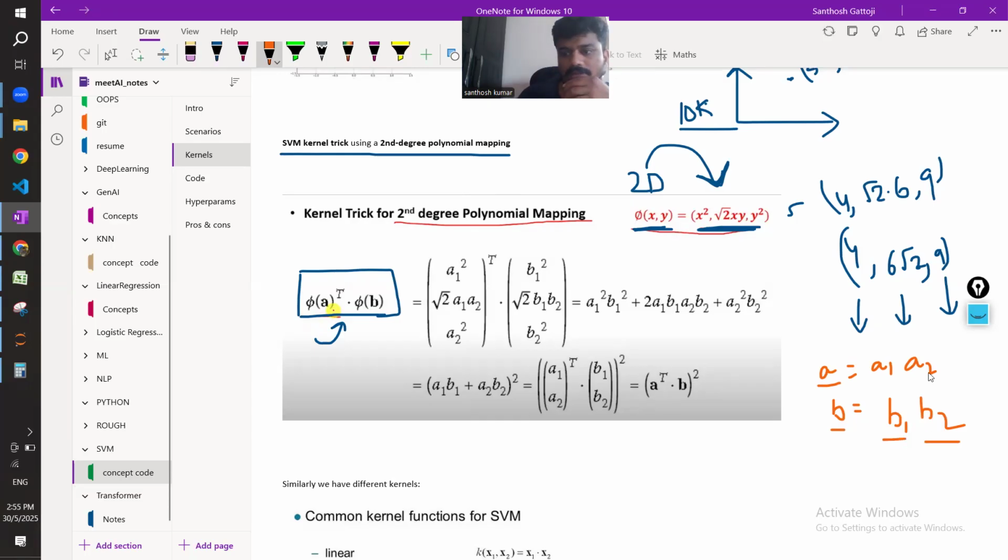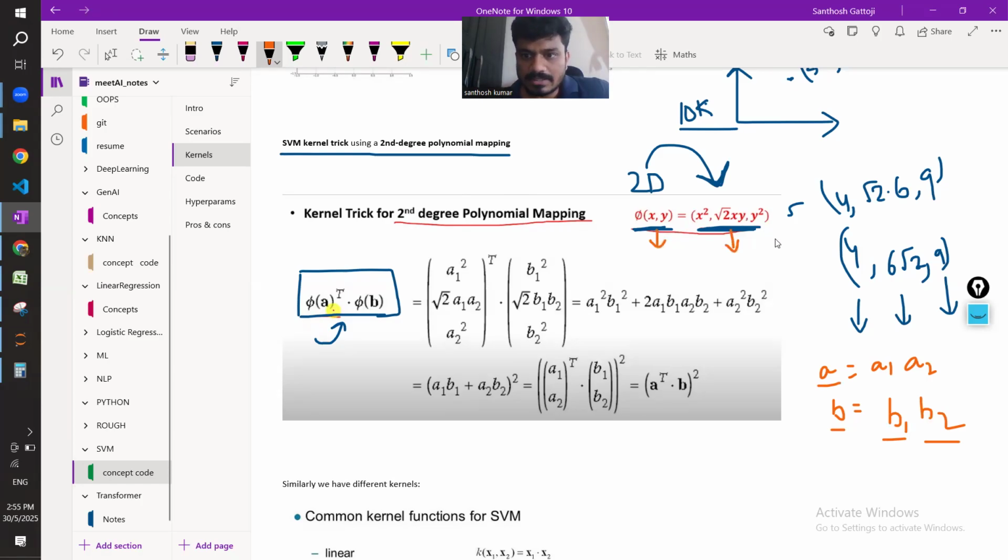Now these are the points, and I want to find the corresponding points in 3D. If this is the equation, a point in 2D has its corresponding value in 3D given by this.